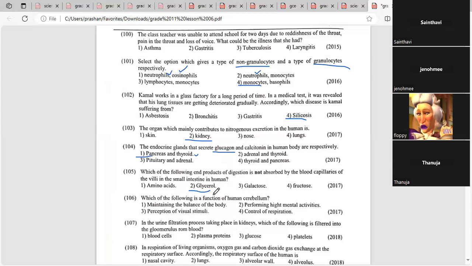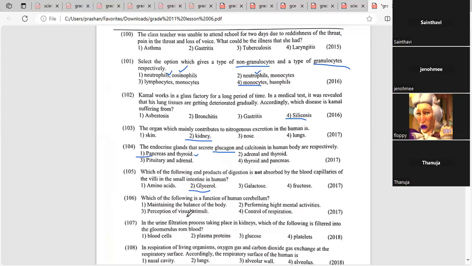Fatty acid and glycerol are absorbed by lacteals. Okay, not blood capillaries. In the small intestine, blood capillaries and lacteals both absorb digestive products. Glycerol and fatty acids are absorbed by lacteals. Blood capillaries absorb other digestive products. Therefore, the product of digestion not absorbed by blood capillaries is glycerol, because glycerol is absorbed by lacteals, not blood capillaries.